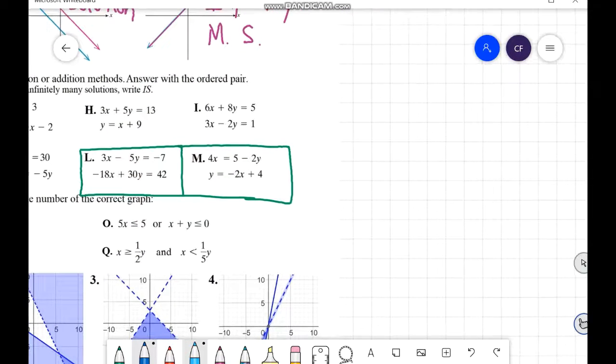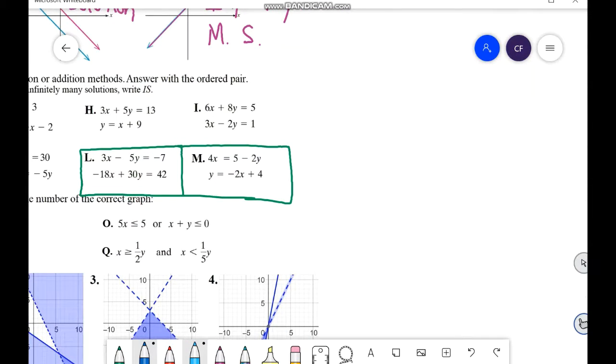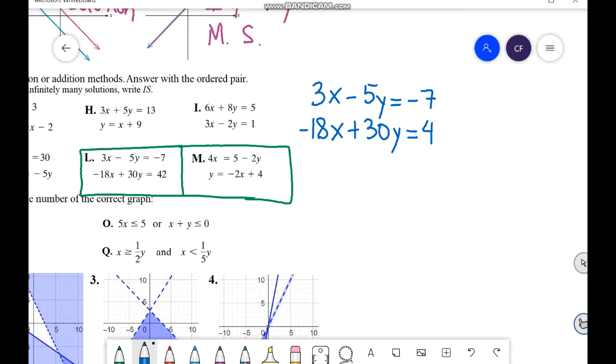Let me show here how to solve letter L, and I will use the addition method. 3x minus 5y equals -7. And the other equation is -18x plus 30y equals 42. I'm going to use the addition method here.